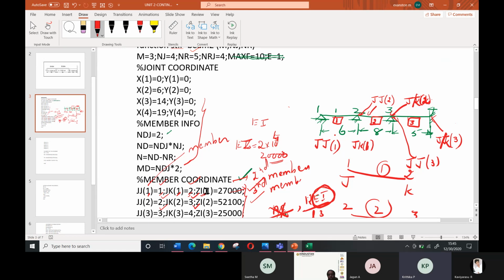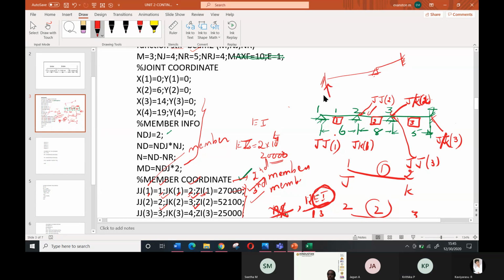Ma'am, the second sum, ma'am. First and second one, ma'am, U1, U2 are fixed supports, ma'am. How can they be not equal to 0? Which one is not equal to 0? Ma'am, generally for fixed supports we write U not equal to 0, but in the stiffness matrix, in the first sum, we put everything equal to 0 for fixed supports. Are you talking about programming?